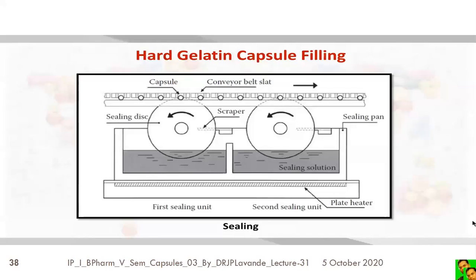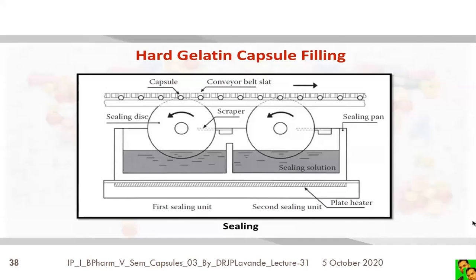So here you can see this particular picture, which shows how the process of sealing occurs as far as the capsules are concerned. Once the capsule is filled and sealed, it will be subjected to the process of packaging. There are two different rollers. You can see there is a sealing solution.